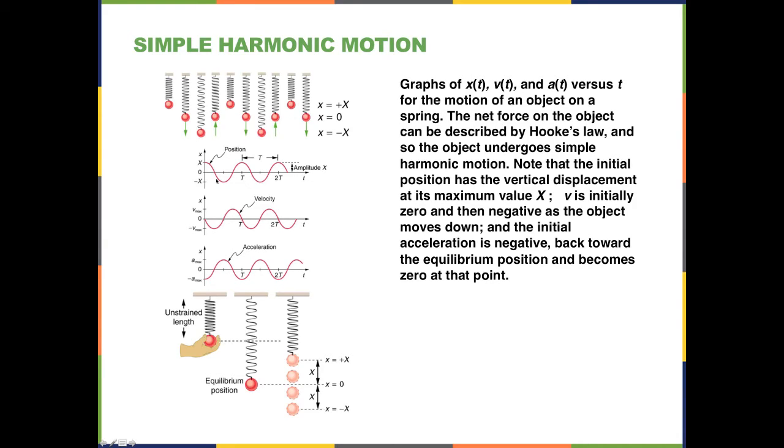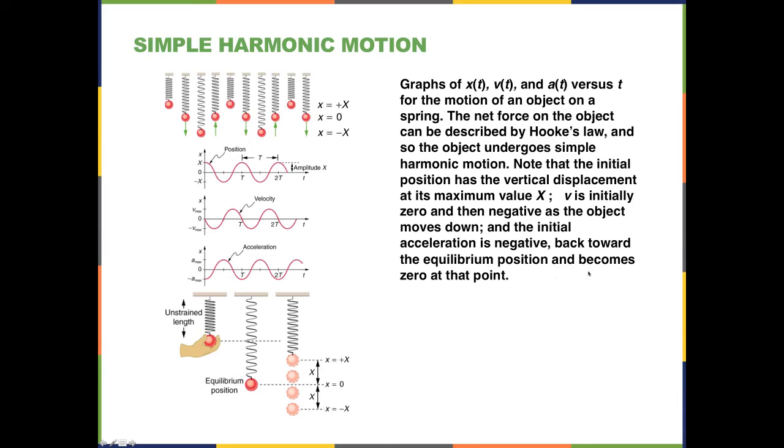And when we do that, in all 3 of these situations, we get these various sine waves. The initial position of the vertical displacement, the maximum value is x. Velocity is initially 0. It's negative as the object moves down, and positive when it moves up.